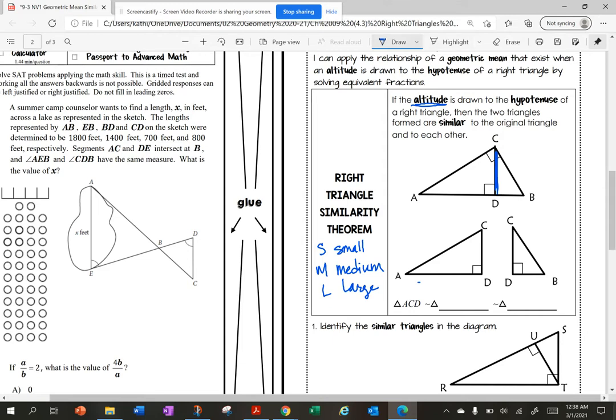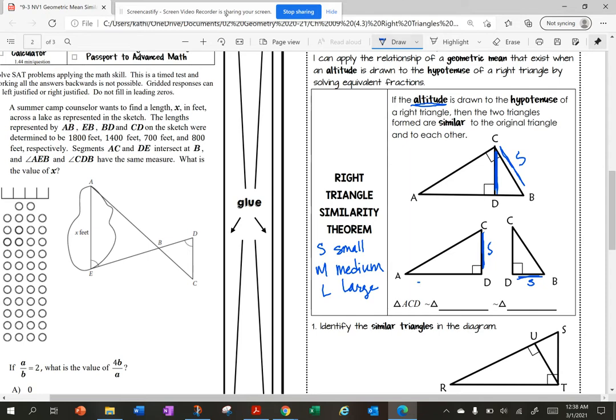when I rearrange these, I can say the smallest side, so this is going to be the smallest side on the large triangle. This is going to be the small side on the medium triangle. And this will be the small side on the large triangle.